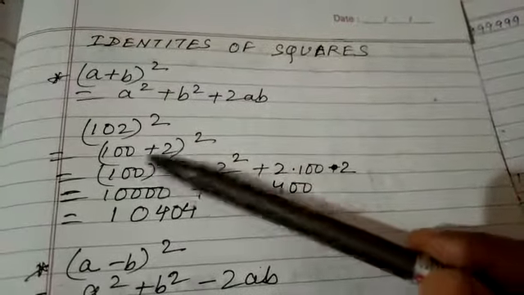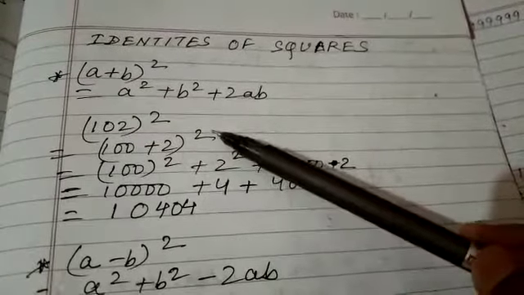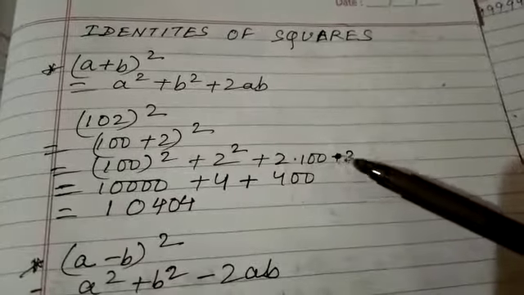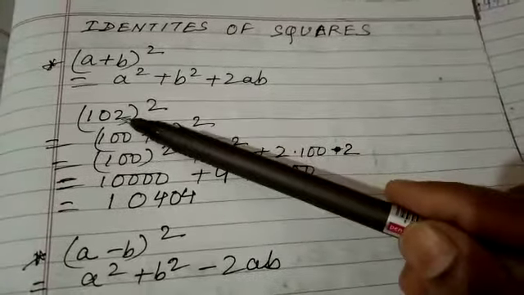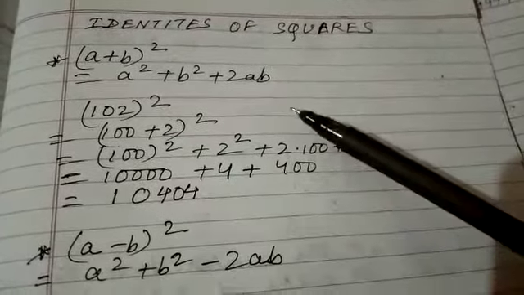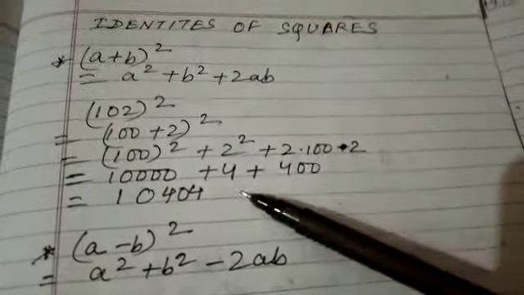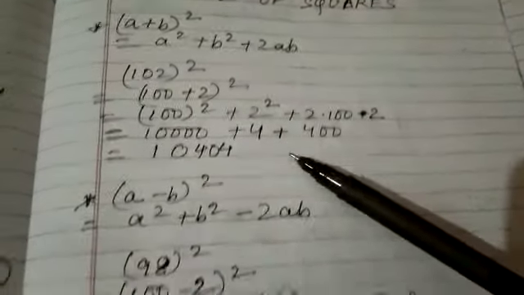We will write it in terms of a plus b, that is 100 plus 2 whole square, that is 100 square plus 2 square plus 2 into a into b. We can easily find it out. Otherwise we would have to find 102 into 102. This we can do orally. 100 square is 10,000, 2 square is 4, 2 into 2 into 100 is 400, and we can add easily.